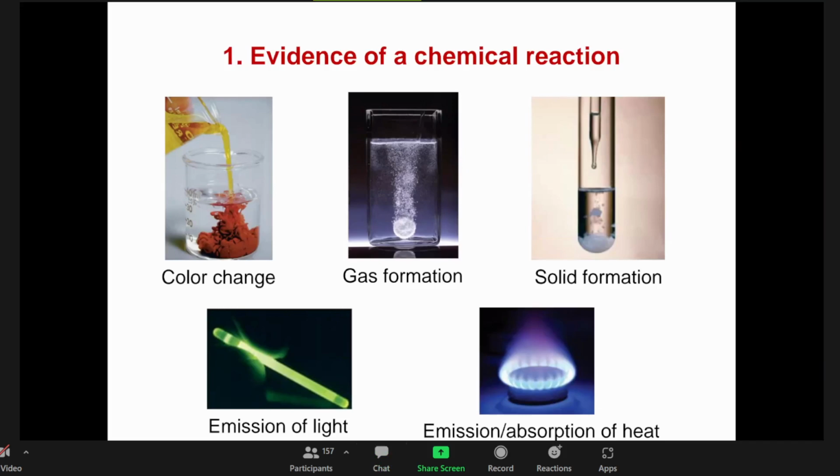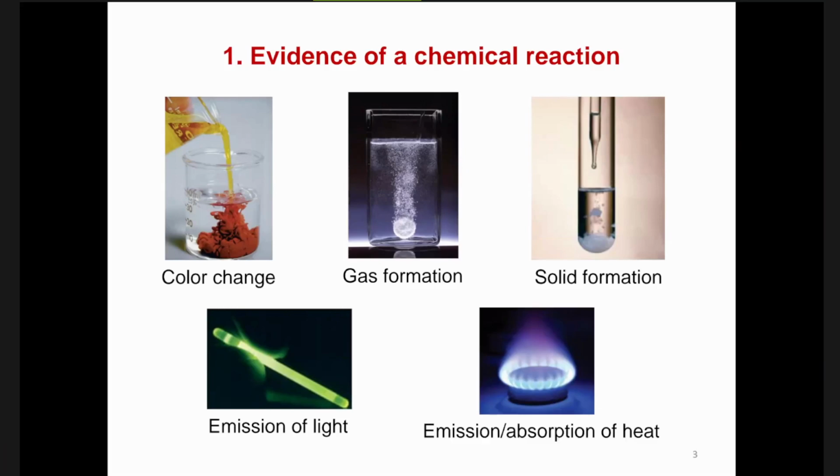So you see the absorption of heat, but that would not be a chemical reaction. That's a physical transformation, a physical process. That's a phase transformation. So to conclude, when you see the emission or absorption of heat, it could be a reaction, but it can also be a physical process. So be careful with that.